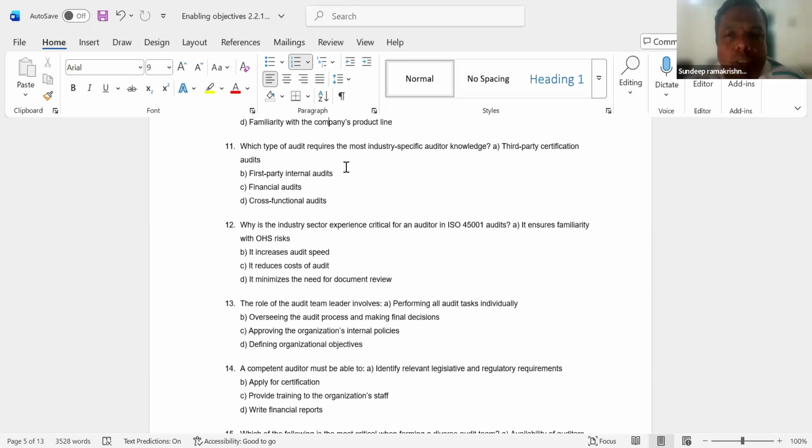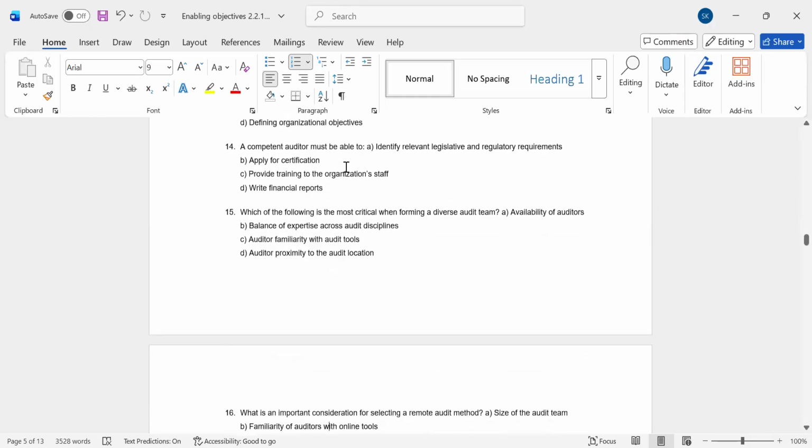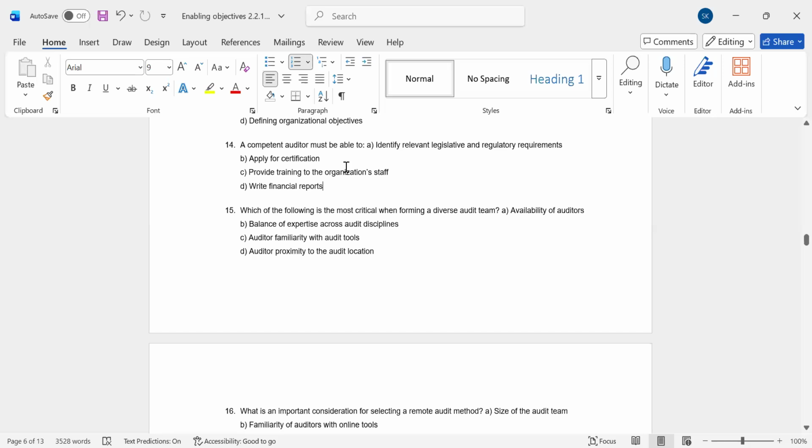Shashikanta Mahanta, good answer. All the others are not very relevant to 45001 audits. Any other questions on 12? No, it's clear, sir.